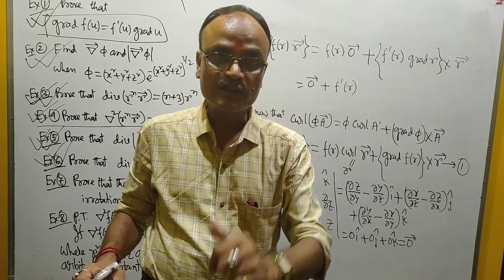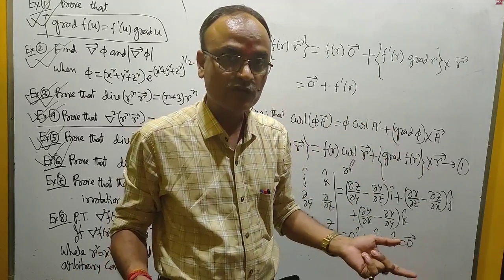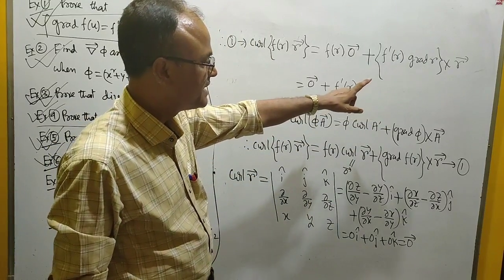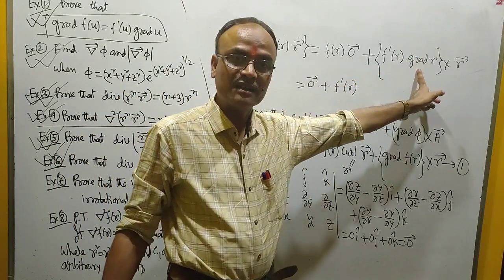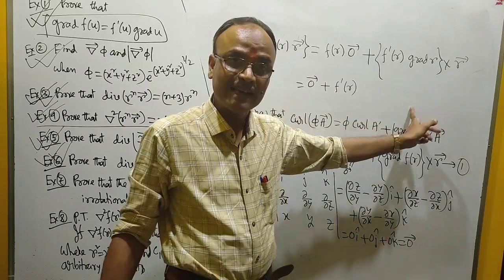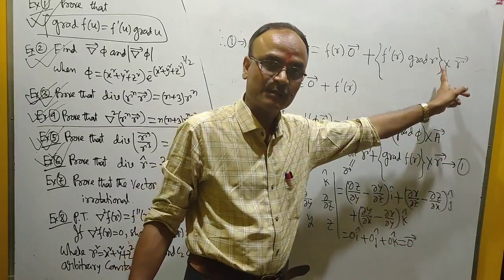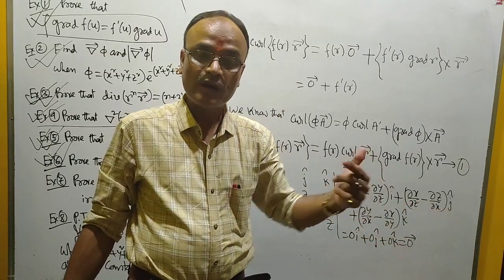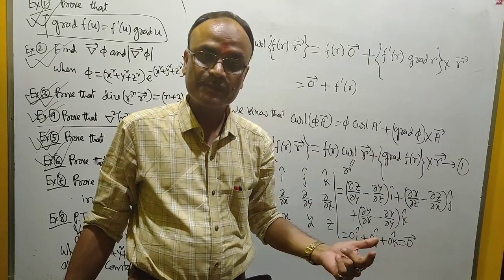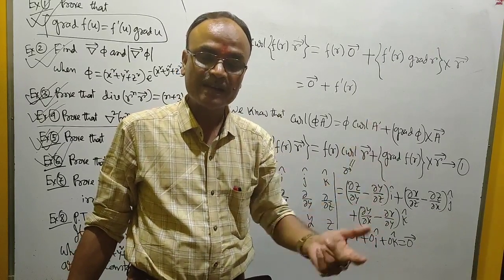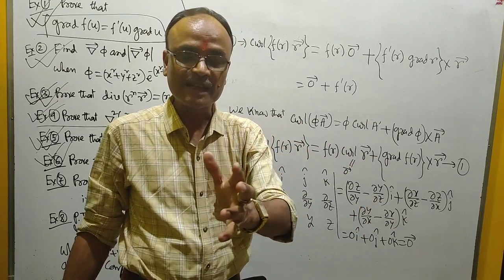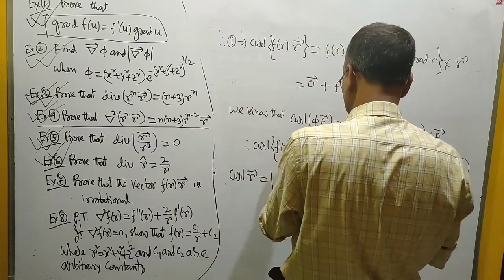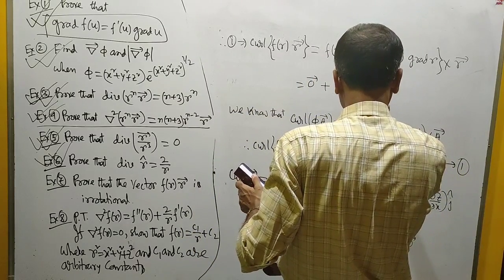Del r by del x is equal to x by r. Similarly, del r by del y is equal to y by r, del r by del z is equal to z by r. Therefore, gradient of r will be equal to i cap x by r plus j cap y by r plus k cap z by r. 1 by r can be taken common: 1 by r into x i cap plus y j cap plus z k cap, which is nothing but 1 by r r vector.